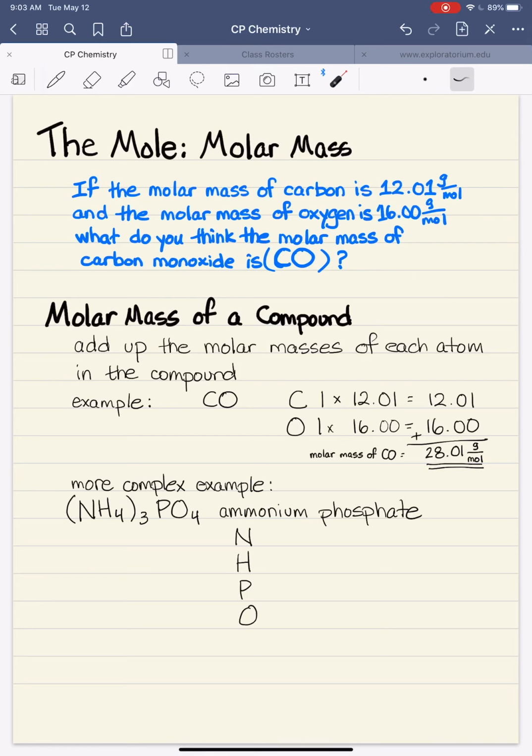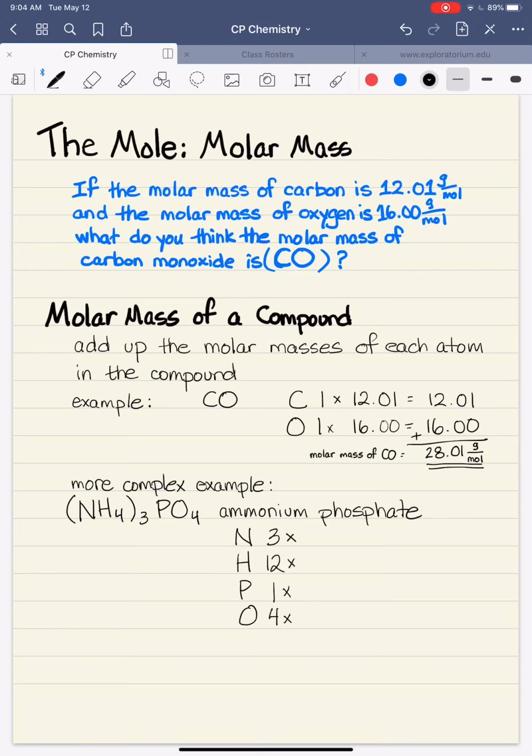So that's going to give me 3 nitrogens. All right, for hydrogen, I've got 4 hydrogens within the ammonium, but 3 times 4 gives me 12 hydrogens. All right, I happen to have just 1 phosphorus, and then I've got 4 oxygens.